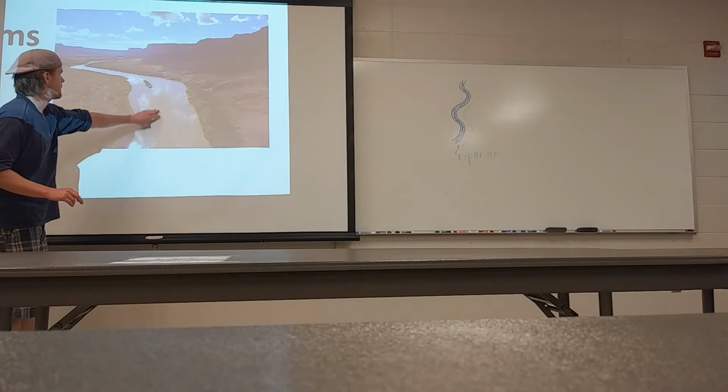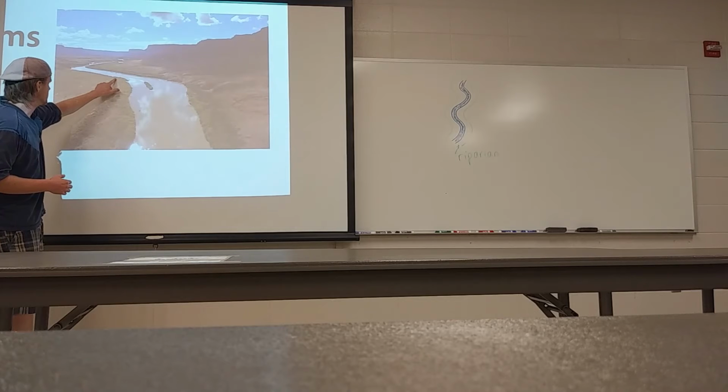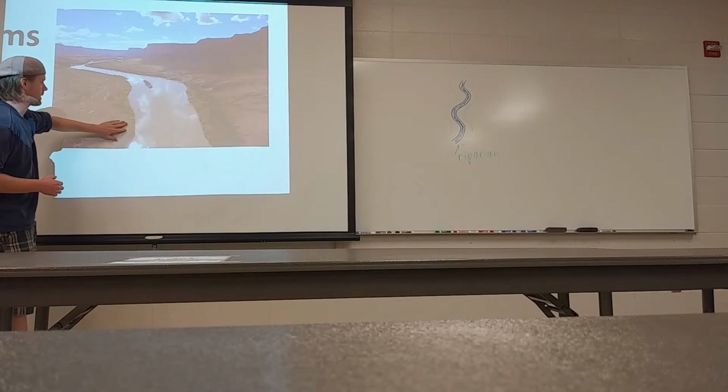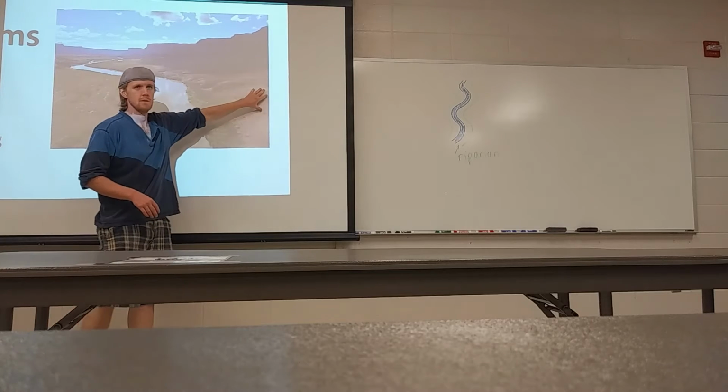And so here is, I believe this is the Colorado River, I'm not sure. It is a river in the desert. And it's hard to see with the lighting the way it is, but right here is the edge of the riparian zone. And so you've got cottonwoods and willows and other species that can't grow even out here.